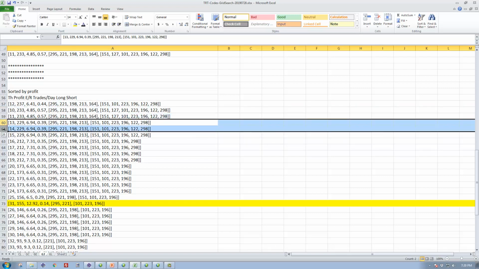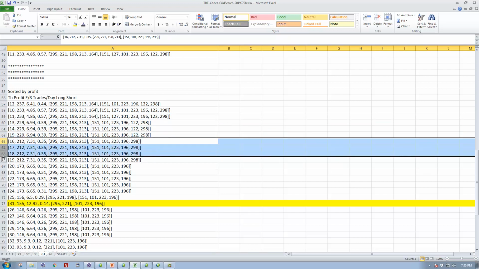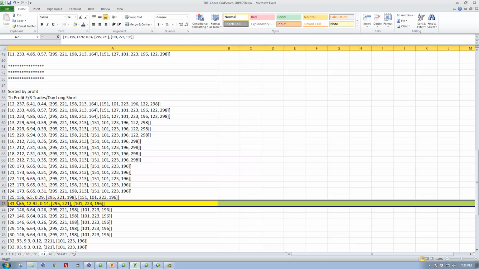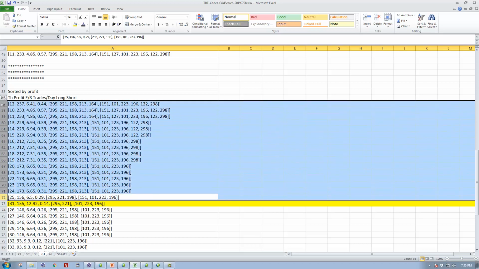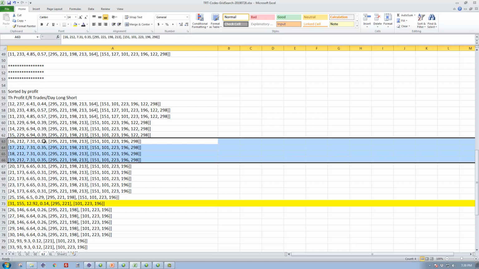This would be another choice. I actually like this one better. In fact, I like this one here even better. All right, so 212 at 1/3 trades per day, 7.31. So this is the highest of all the ones above our candidate here. Of all of these, this is the highest ER with still a low trades per day.